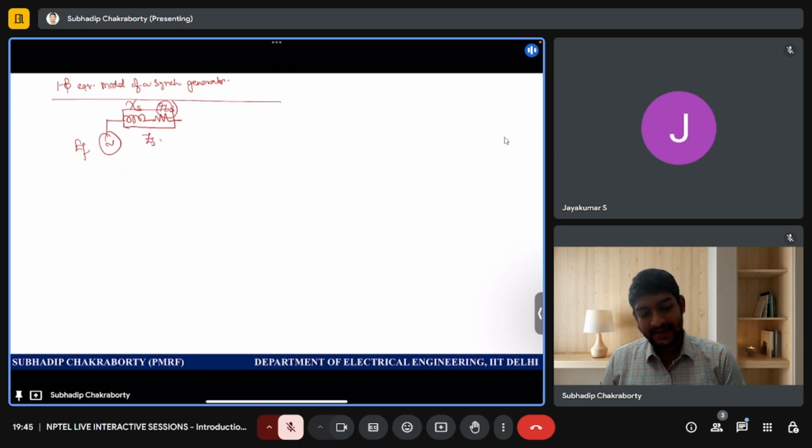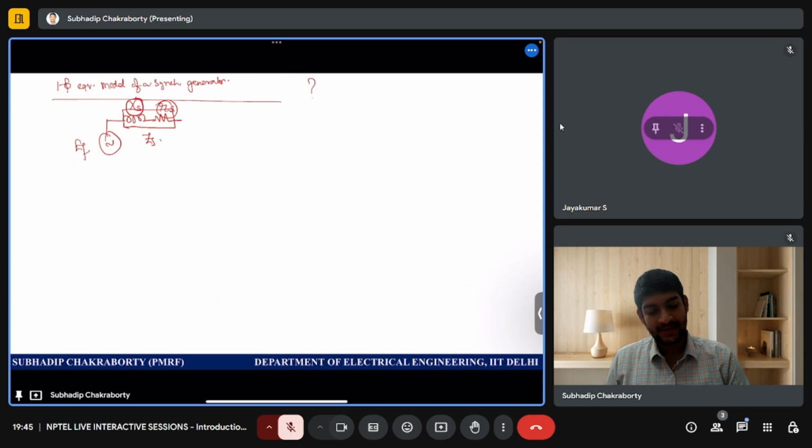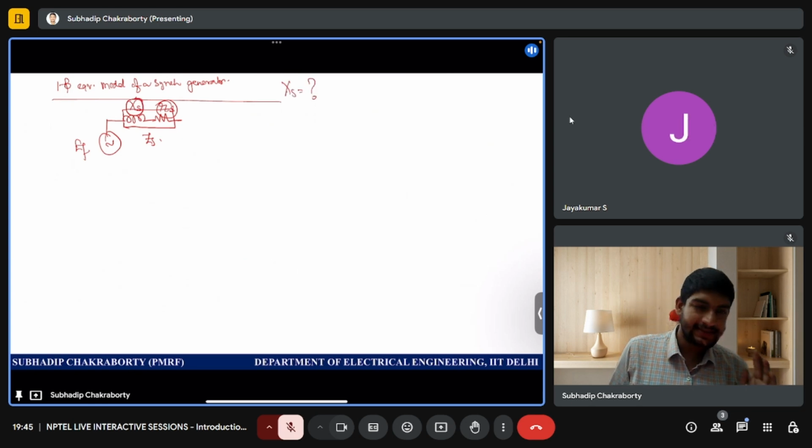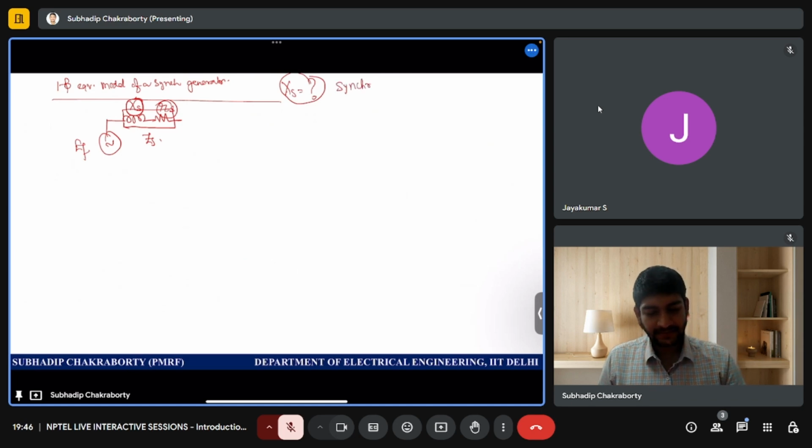Now this RS is actually the stator coil winding resistance. But what is this XS? We will discuss about this XS sometime later, okay? Just a slide later. But this XS is not as simple as you think it to be, okay? But for the time being, let's say we model this XS and call it synchronous reactance.